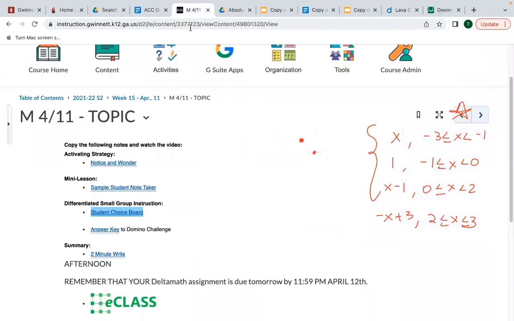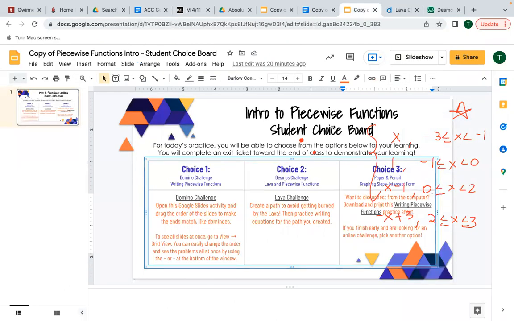Okay, so if you go back to today's stuff, if you open up this student choice board, what you're gonna see is this stuff right here. And so what you're gonna do is you're gonna pick one of these to complete. Okay, so you can do the domino challenge, you can do the lava challenge, or you can do just the writing piecewise functions practice sheet.